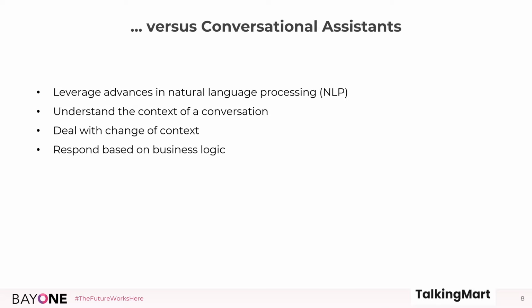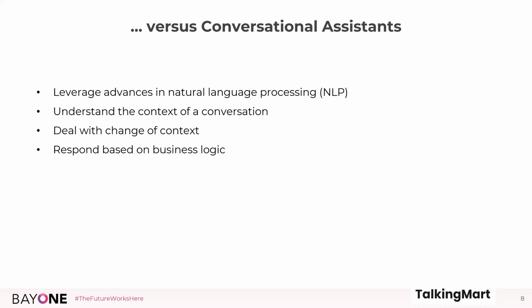But what we are now is at the stage of what we can truly call a conversational assistant, where we are leveraging some of these advances in natural language processing, some of the points that Suva just mentioned.